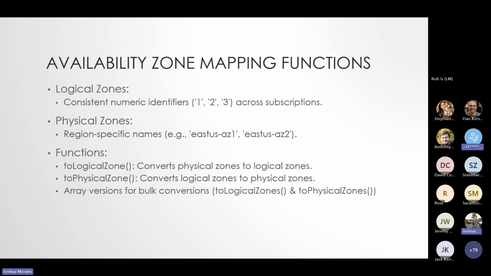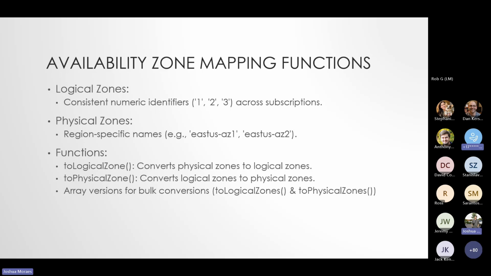So, as general background, as I described before, the logical zones are consistent numeric identifiers like 1, 2, 3, as strings across different subs, and the physical zones are the region, and then usually AZ after it with 1, 2, or 3, or more, depending on the number of zones in the region.